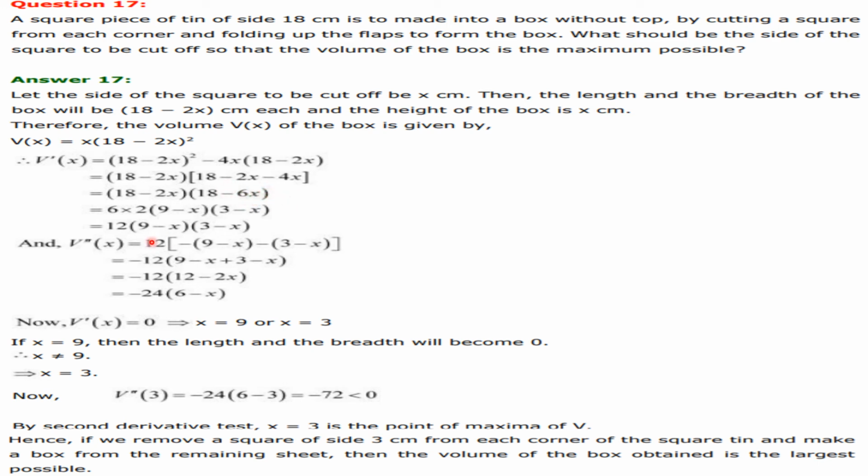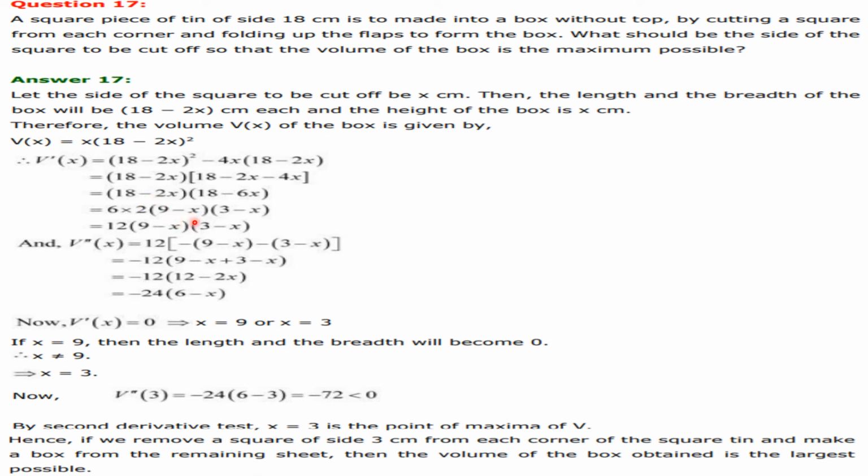Right. That is equal to, again we are taking out 6. From this factor, we are taking out 6 as common factor, and from this factor we are taking out 2. What will you get after taking out 2 from these two terms? 9 minus x.